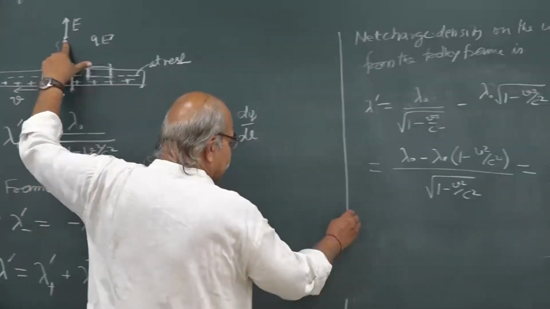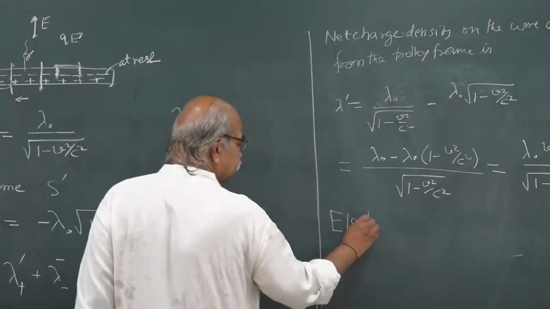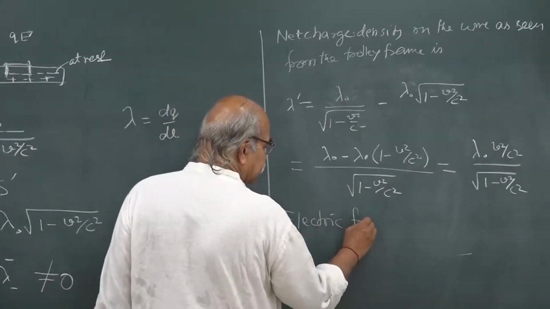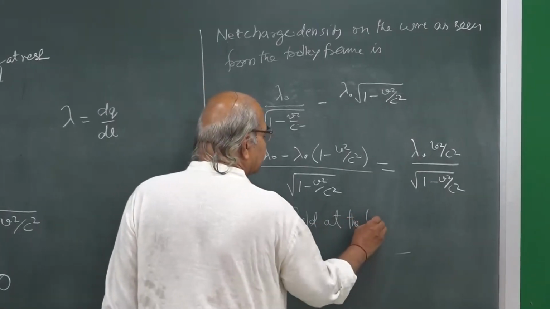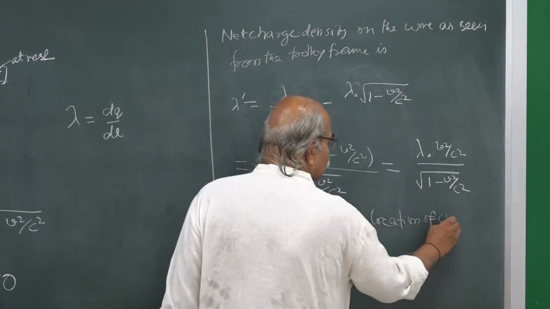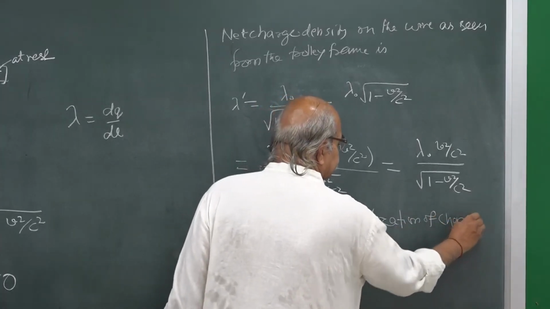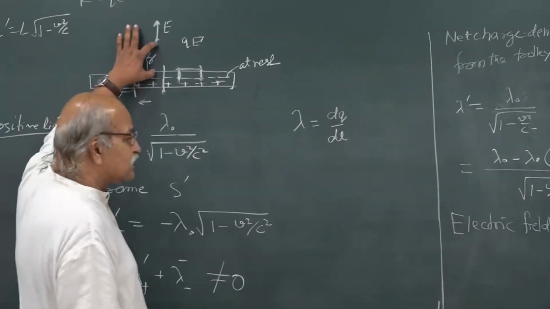Okay, so, that electric field at the location of charge q, which is at a distance r from this line.